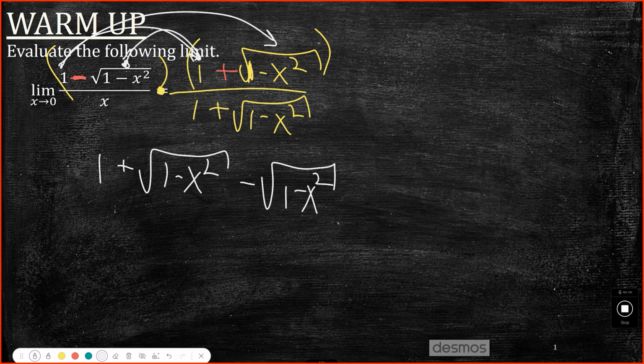And then this times this, square root times square root, they cancel each other out because you're squaring it. And then a negative times a positive will give you a negative of the quantity that's inside.